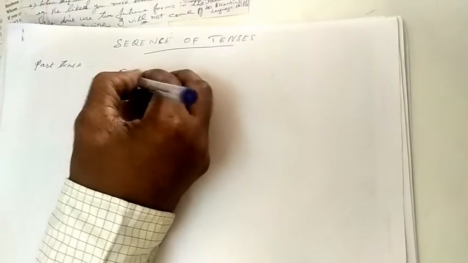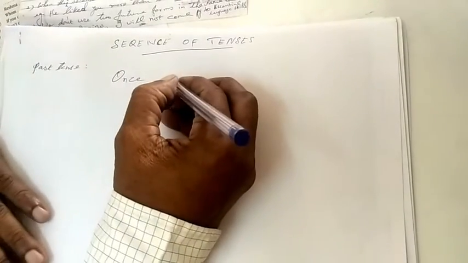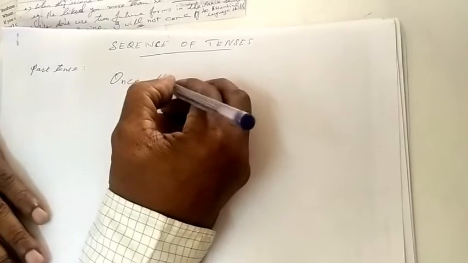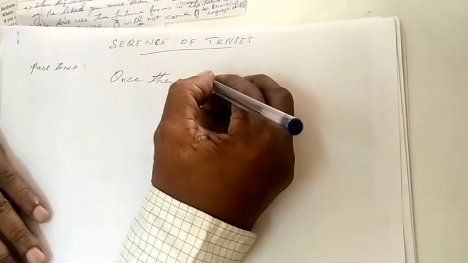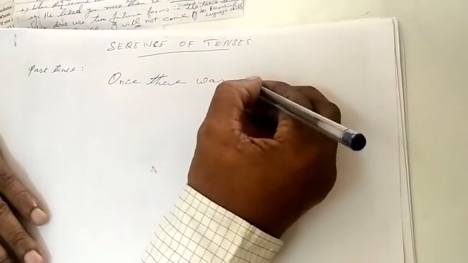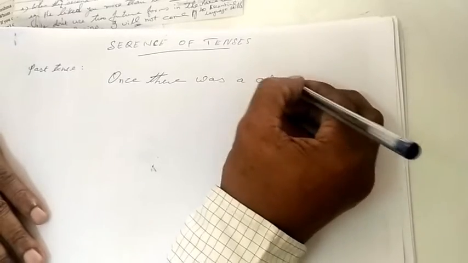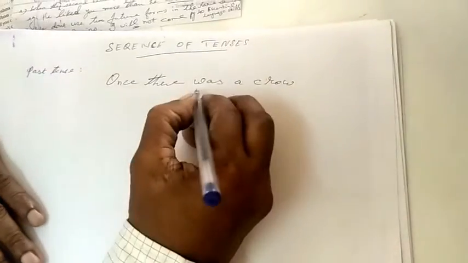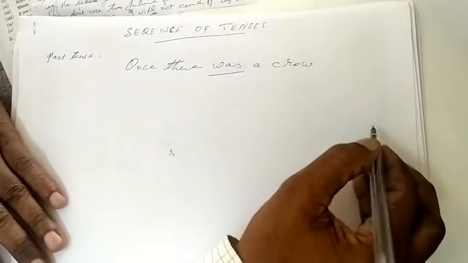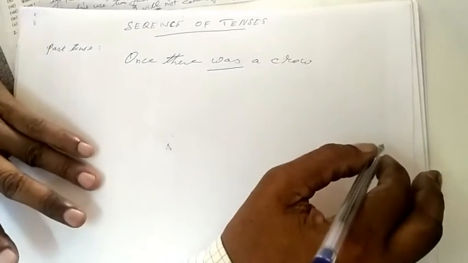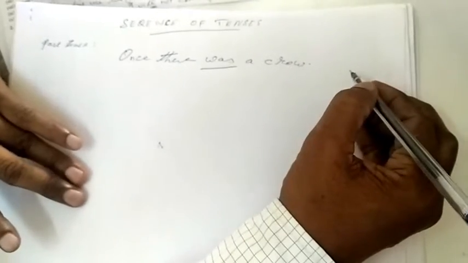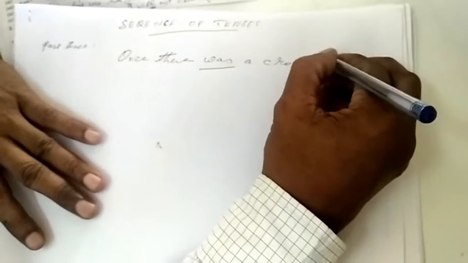You know the famous story, The Thirsty Crow. I'm just taking the opening lines. Once there was a crow. You can see the verb was and it is in past tense. Therefore, when I write the next sentence, it goes also in past tense.